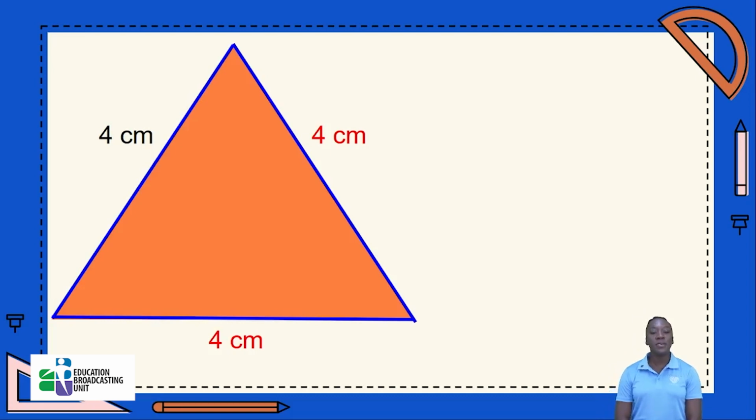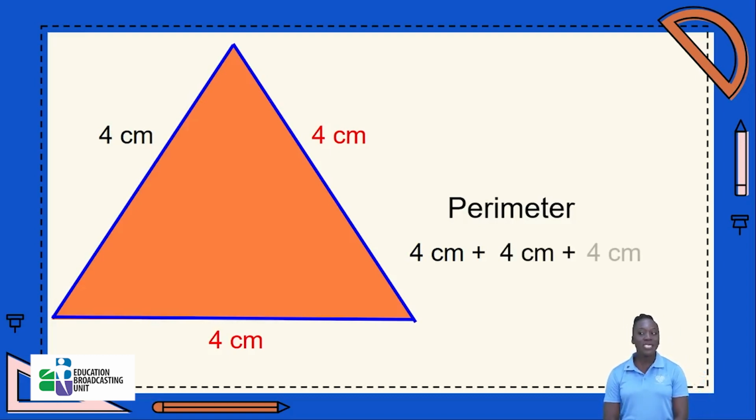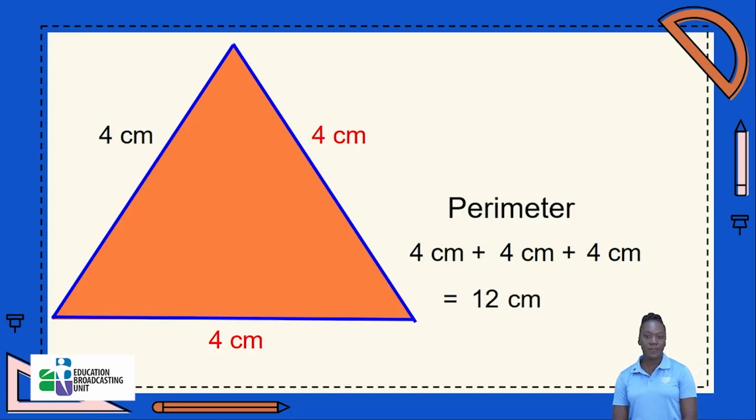So the perimeter would be 4 centimeters plus 4 centimeters plus 4 centimeters equals 12. However, our answer is not just 12. Always keep this in mind, that the units used for the shape are the same units used in the perimeter. So our final answer would be 12 centimeters.